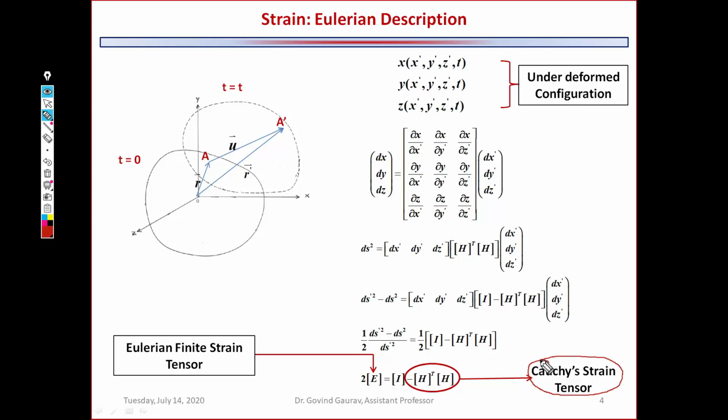In the case of the Lagrangian description, we defined F transpose F as the Green strain tensor, but in case of the Eulerian description, H transpose H is defined as the Cauchy strain tensor.